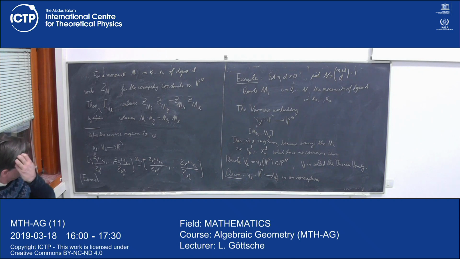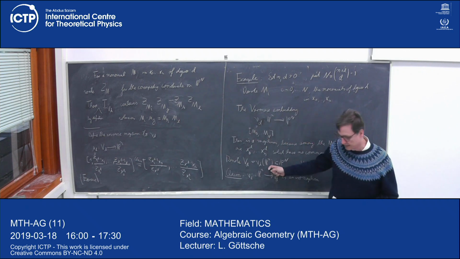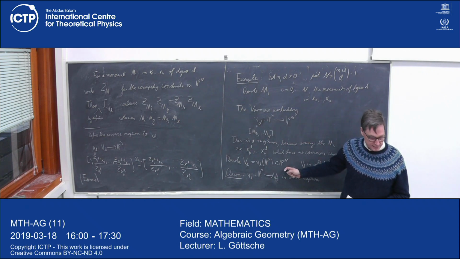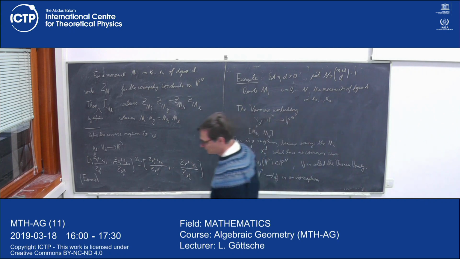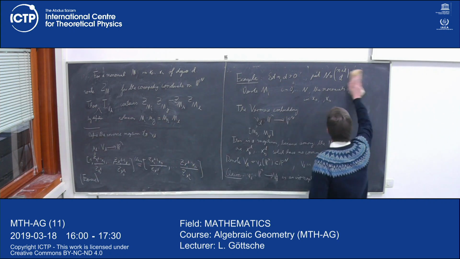Okay. So given this, we know that this is in some sense just a crazy way of embedding Pn into some bigger projective space. But we actually are going to use it because it has some special properties which are useful.